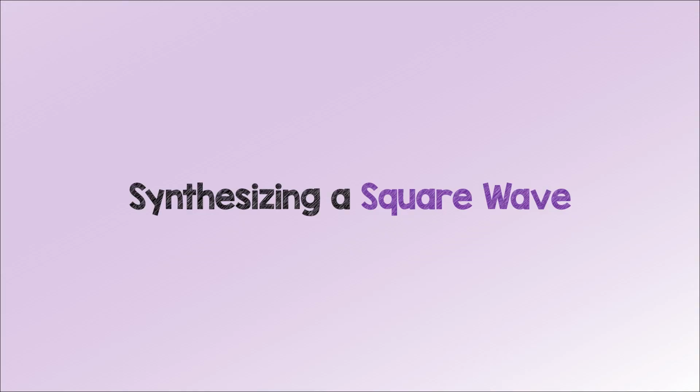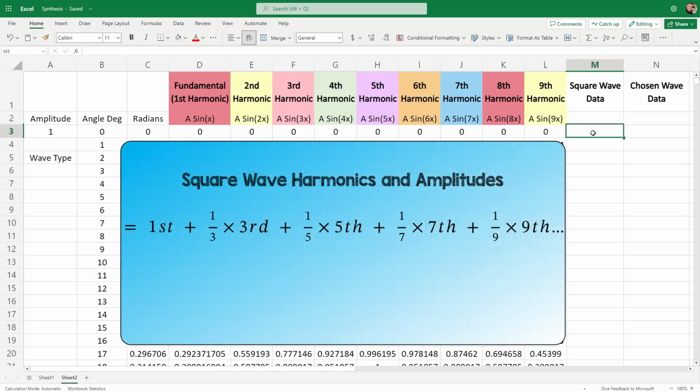Synthesizing a square wave. So in cell M3, for a square wave, we need the 1st harmonic and the 3rd harmonic times a 3rd, the 5th harmonic times a 5th, and so on. It's going to be equal to D3, which is the first harmonic, plus 1 divided by 3, or a third, times F3, where the third harmonic is, and so on.